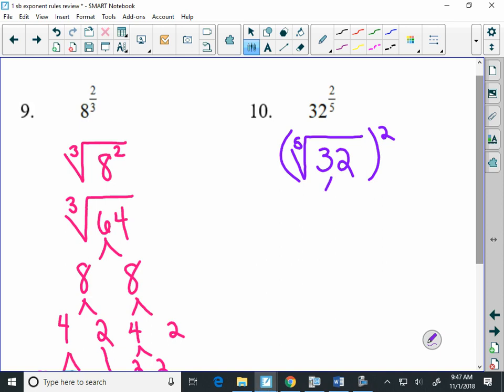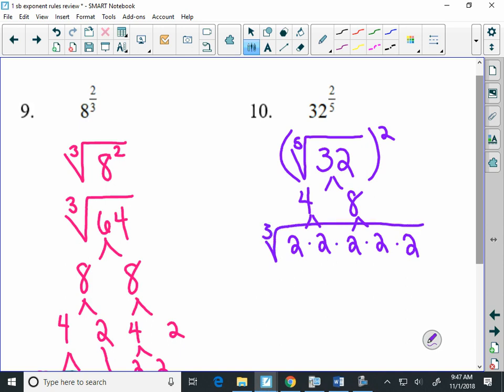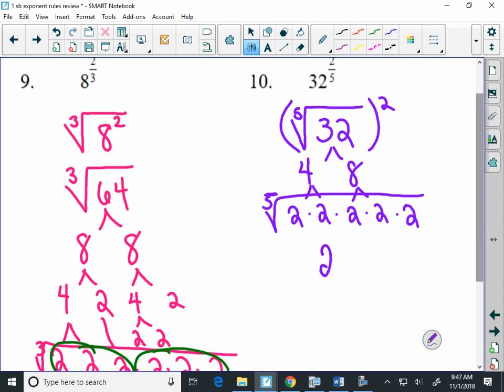But the 5th root of 32, remember 32 is 4 times 8, which is 2 and 2, and 8 is 2 and 2 and 2. So the fifth root of 32 actually equals 2, and then squared.